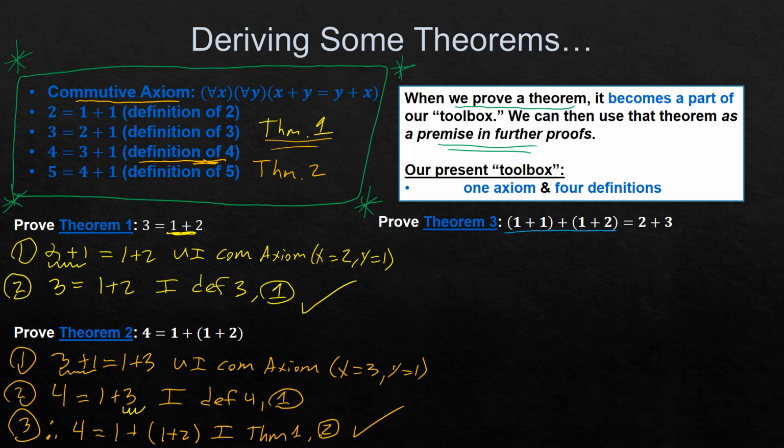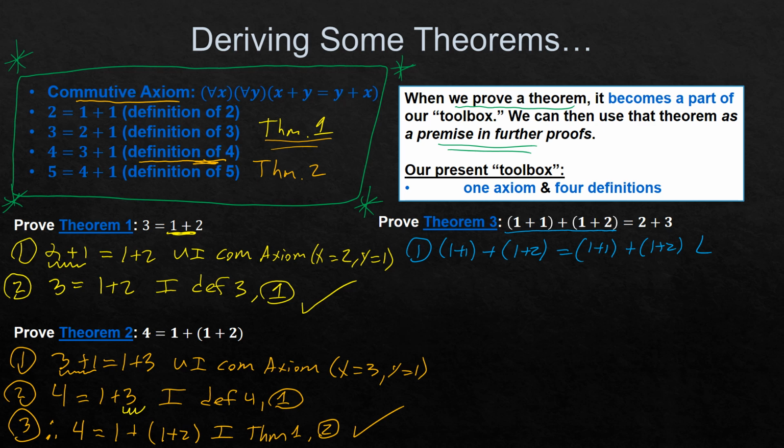We could just say that 1 plus 1 plus 1 plus 2 is equal to itself. We could just use the logical truth rule. Thus, for line 1, we'll just say that 1 plus 1 plus 1 plus 2 is equal to 1 plus 1 plus 1 plus 2, and that's just a logical truth.